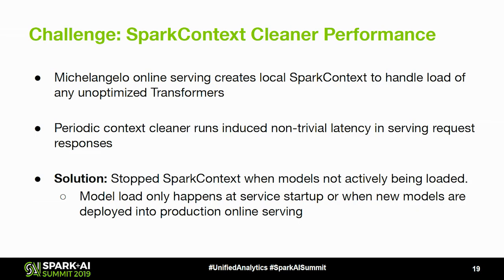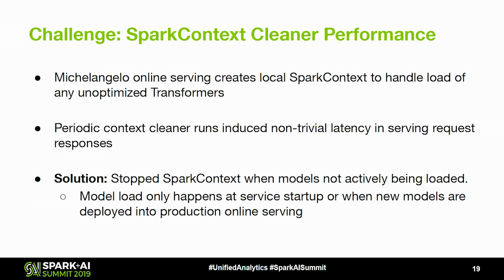There was one other slight additional challenge I just wanted to mention because I don't want other people to run into this if you do go down the same path that we went down, which was we do crank up a local SparkContext for online serving, and we're using that. If it's a transformer that hasn't been tuned by us, we can still load it in the normal Spark Mllib code that hasn't been optimized. But the challenge was that every 30 minutes, our online serving latency would shoot up.